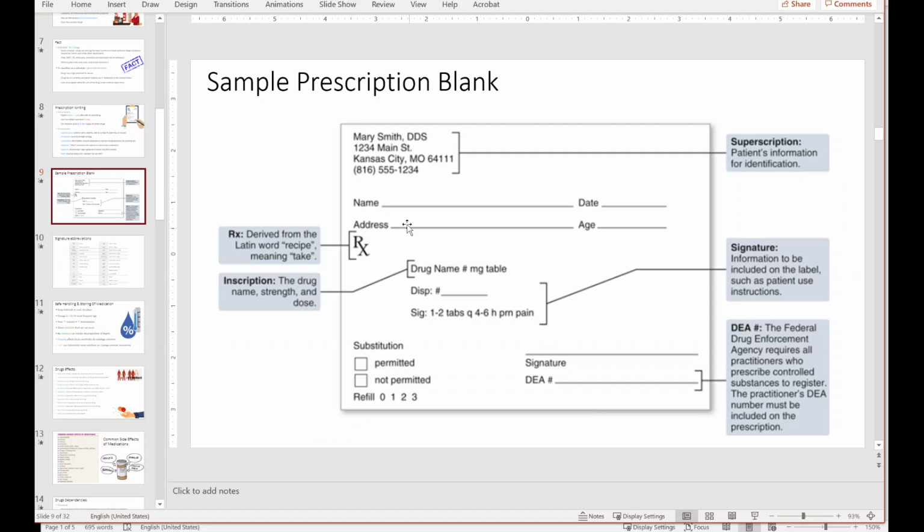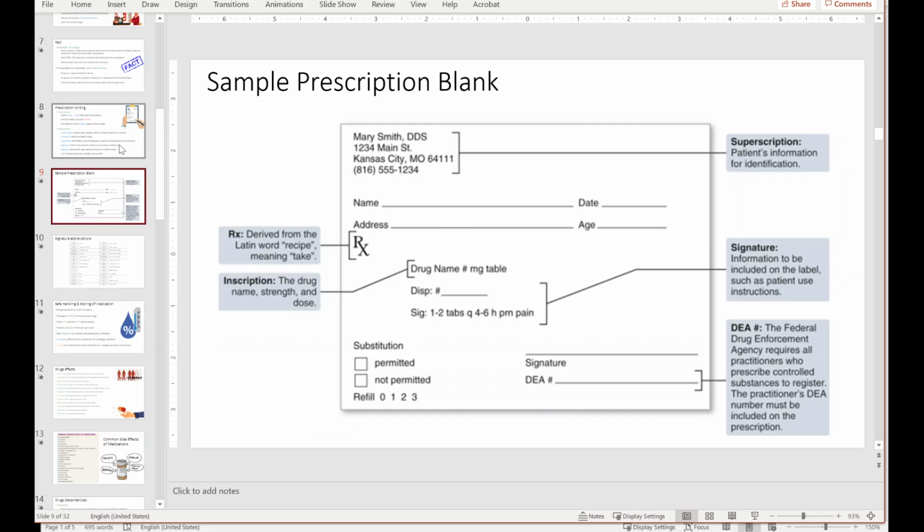The things on top don't matter because they are easy to do. The inscription is the drug name, the strength, and the dose. We have the subscription, which is how much we dispense. And then you have the signature, which is how many times a day they would take it and how much, or a week. These things will always be there.